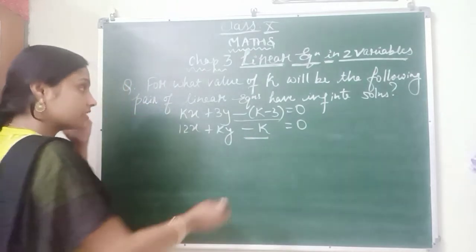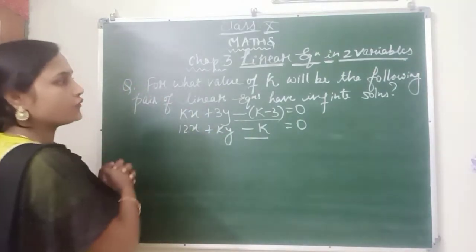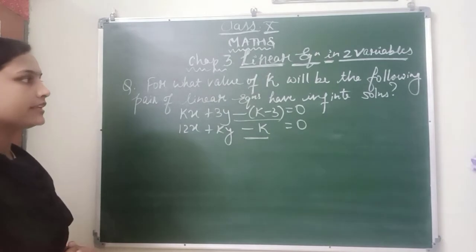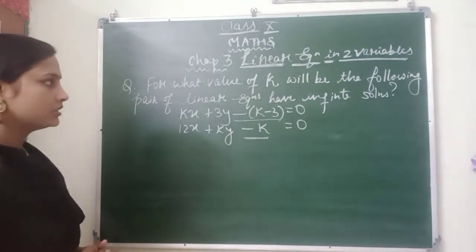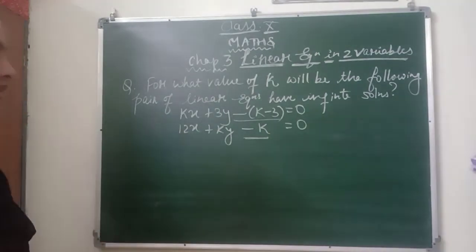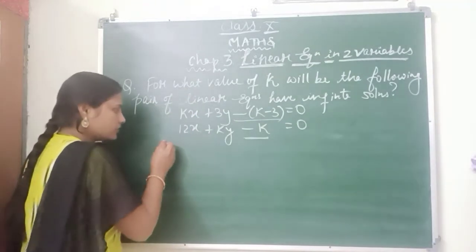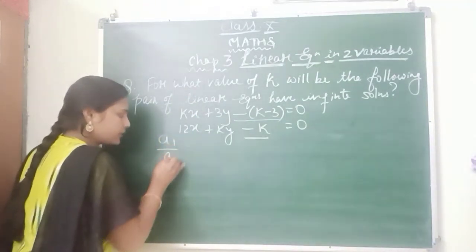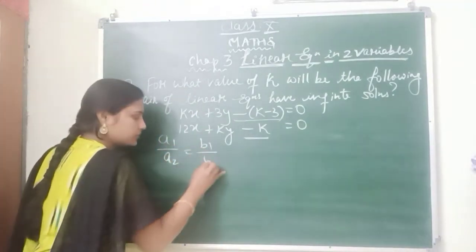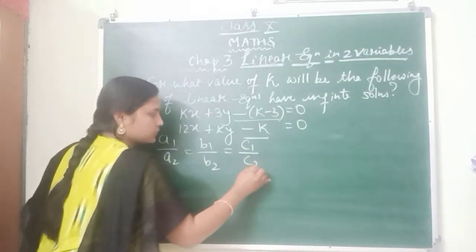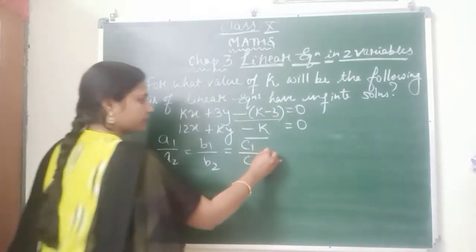The question is, for what value of k will the following pair of linear equations have infinite solutions? For infinite solutions, we know the condition is a1 upon a2 equals b1 upon b2 equals c1 upon c2. Now put in the values.